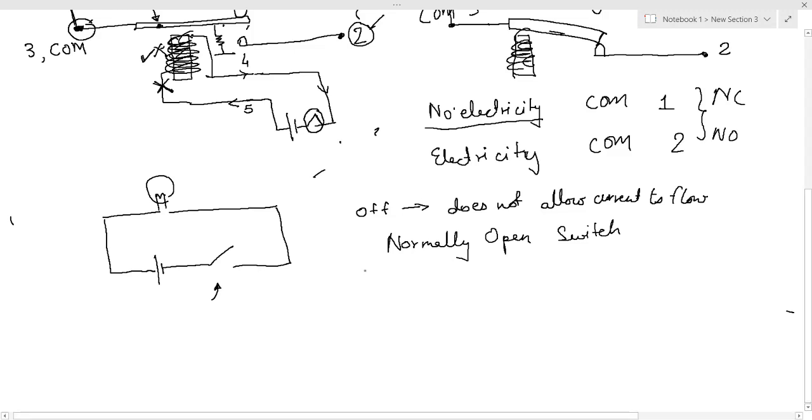Most of the switches that we see in our life are normally open switches. But when we push this switch, that is, the switch becomes on, it allows the current to flow, right?